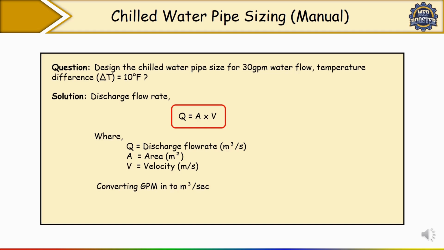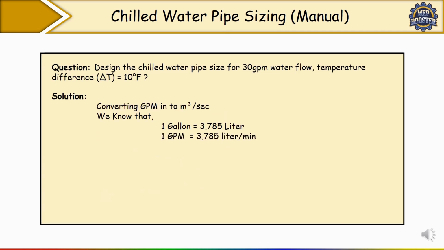So first we'll convert GPM into meter cube per second. All of you know that 1 gallon is equal to how much liter? 3.785 liter, near about. So 1 gallon per minute is equal to 3.785 liter per minute. To convert the liter per minute into liter per second, you have to divide by 60 because 1 minute is equal to 60 seconds.